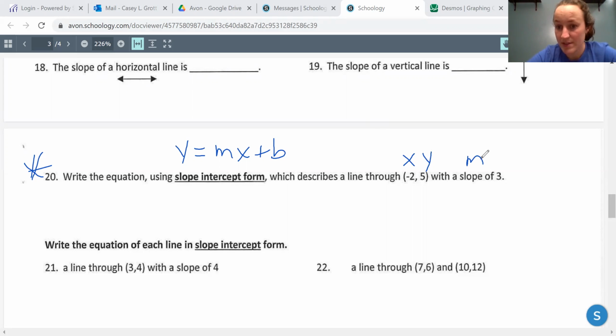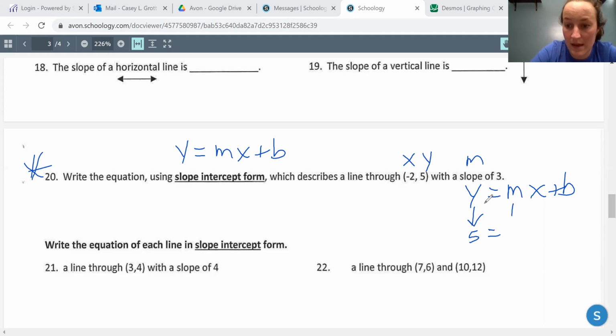Using these 3 letters, let's substitute some numbers into this equation. So y, we found to be 5. Y, not b, y and y. So y equals mx plus b. Y is going to become 5. M is going to become 3.